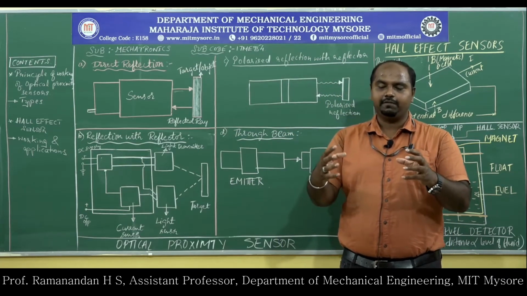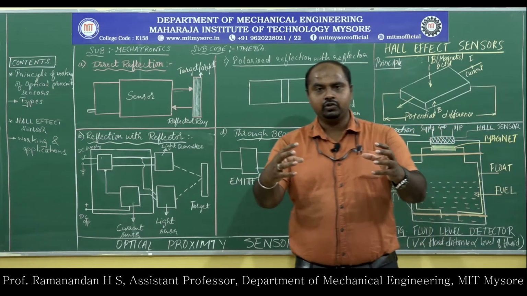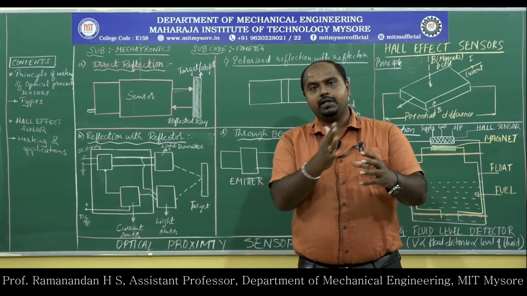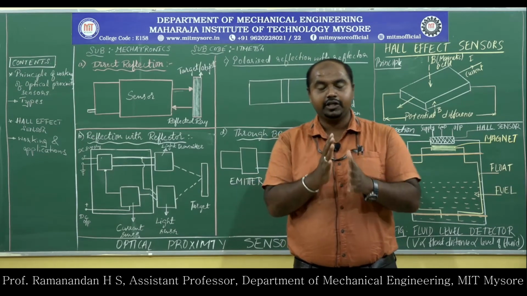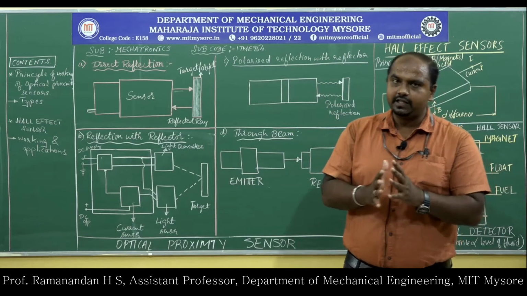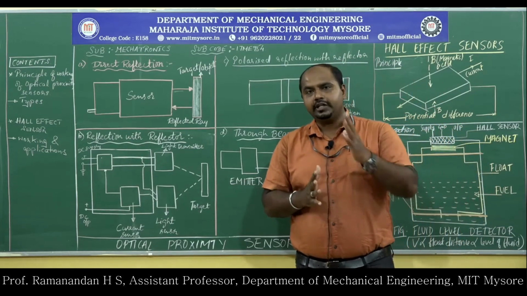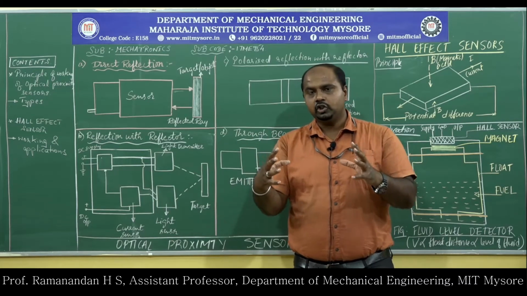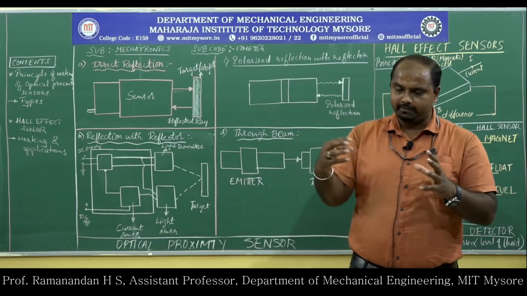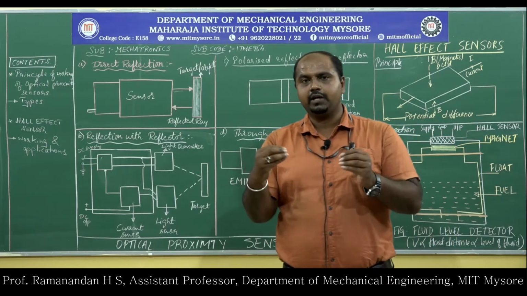So if ever there is an object between these two, the emitted light will not be received, or will be received with a different intensity. This change in intensity makes the current sensor detect that there is an object between the emitter and the receiver. So this is the principle of through beam type. So that is how the naming goes.